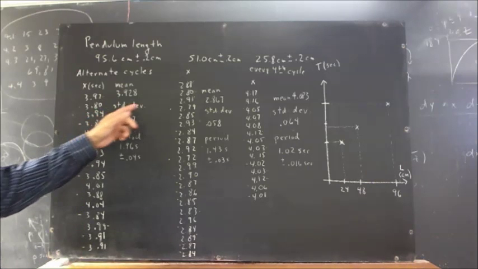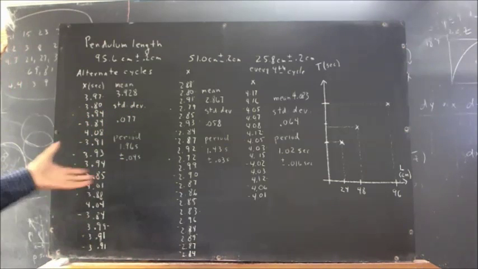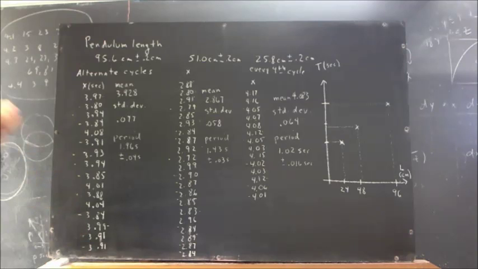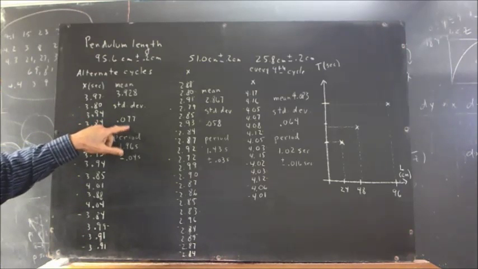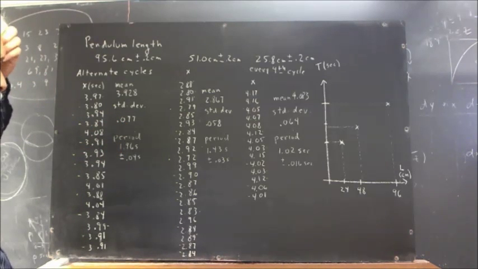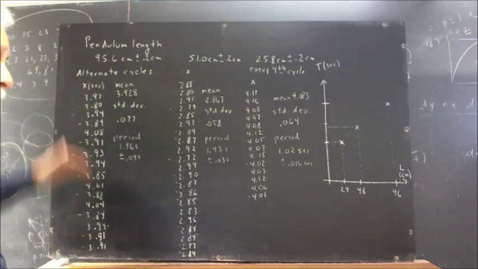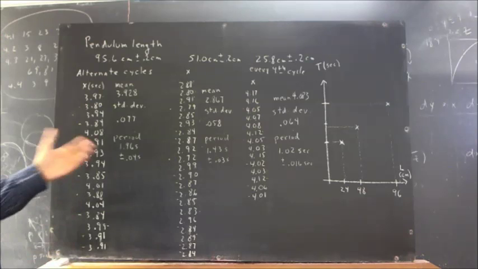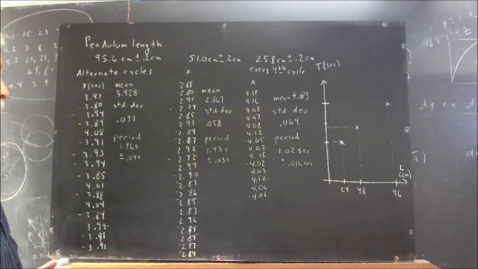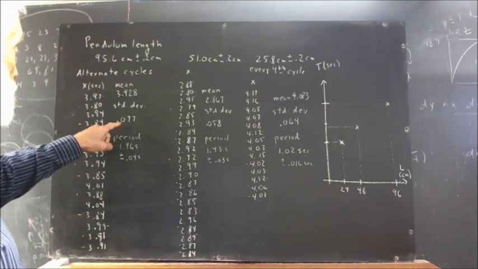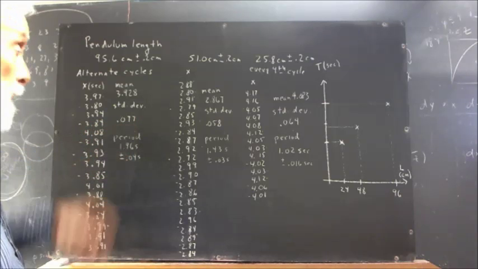I then calculate the standard deviation, assuming these times are normally distributed. The standard deviation gives me an estimate of my typical uncertainty in measuring these times, because I want to know just how certain my results are. I got a standard deviation of 0.077.